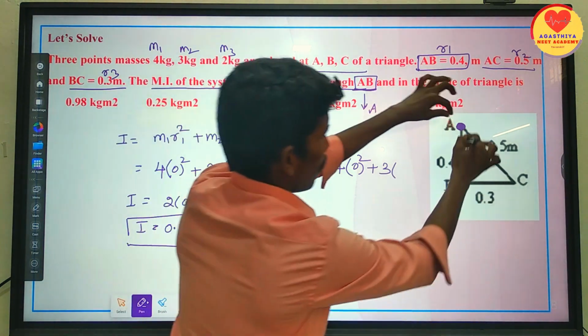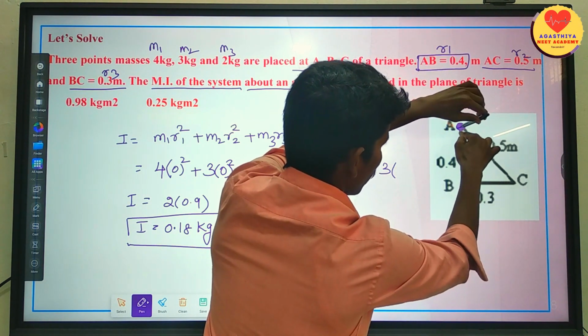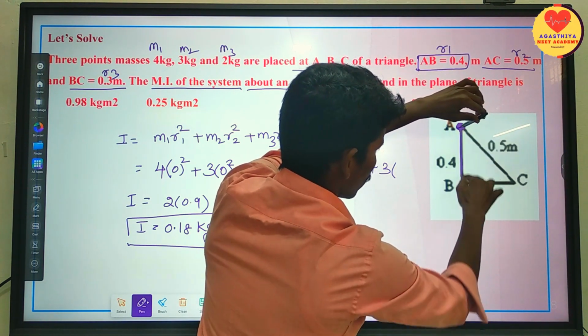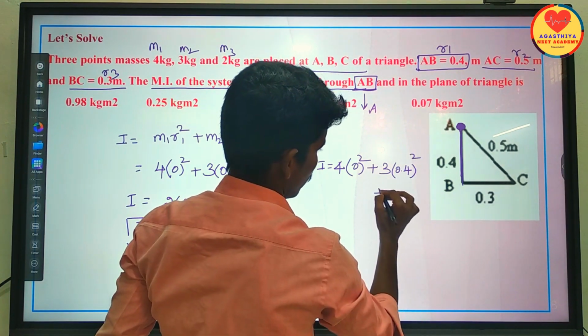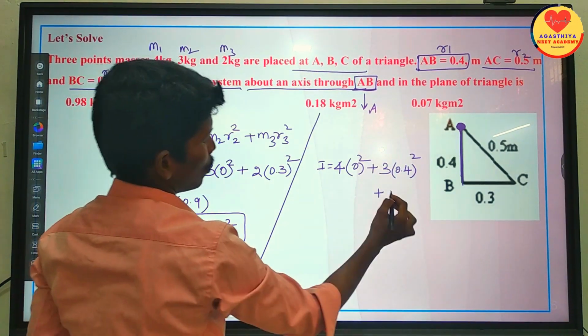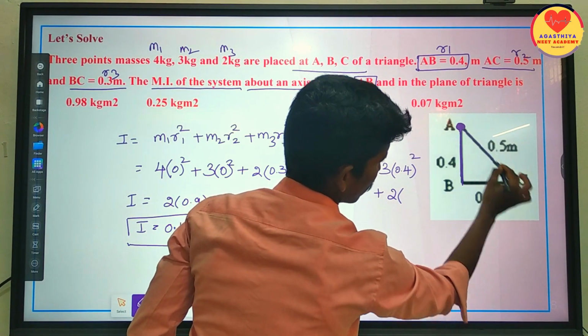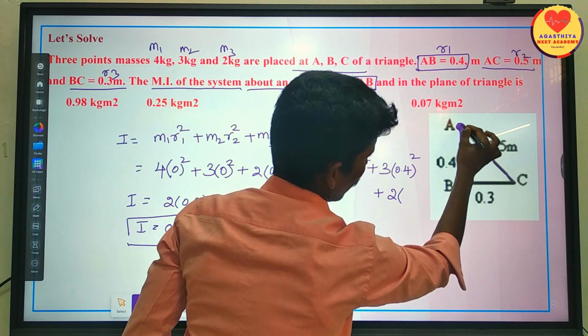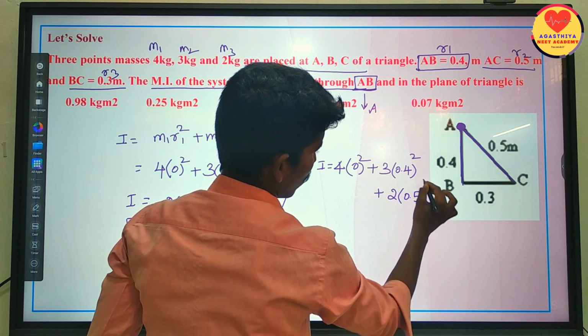Here a perpendicular distance is there, that is 0.4 the whole square. Then third mass 2. Here a perpendicular distance is there, that is 0.5 the whole square.